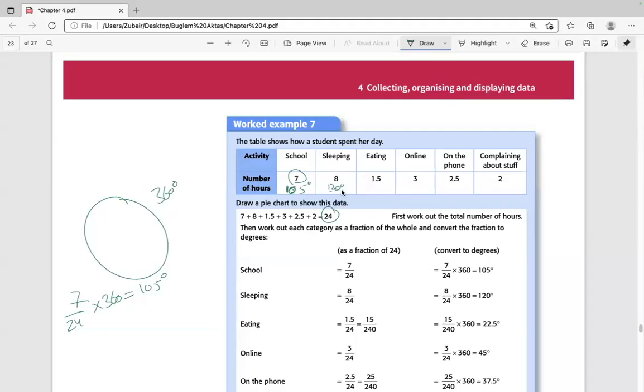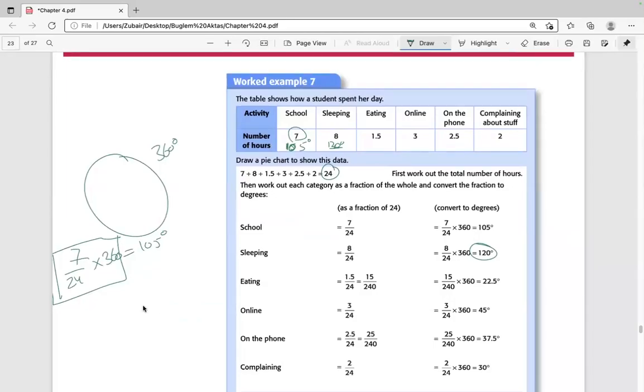This is 120. I'm copying these values from the worked example, okay? Do you understand why we are using this formula? 7 out of total times 360. Do you understand this? If not, I can explain the formula. Some students actually do it by the unitary method. They write this for their better understanding.